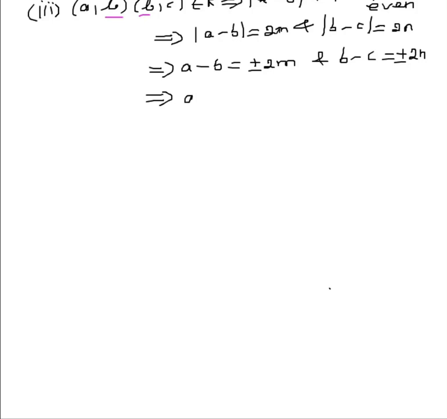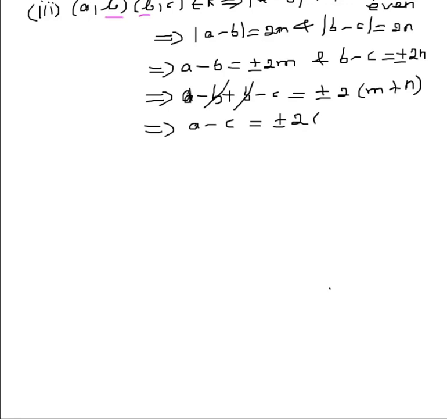Now we can add. So I'm adding these two equations, add the left hand sides. So a minus b plus b minus c is equal to plus or minus 2 times (m plus n). Plus or minus 2 is common, so I have taken it as a common factor. Now b gets cancelled, so we get a minus c is equal to plus or minus 2 times (m plus n), which is equal to, I can write absolute value sign.